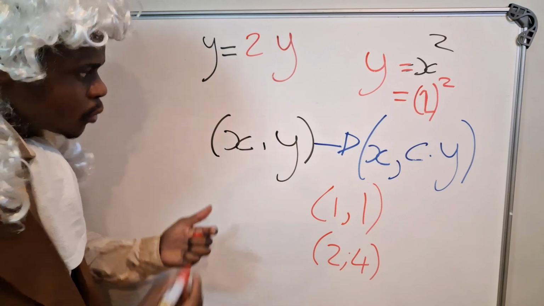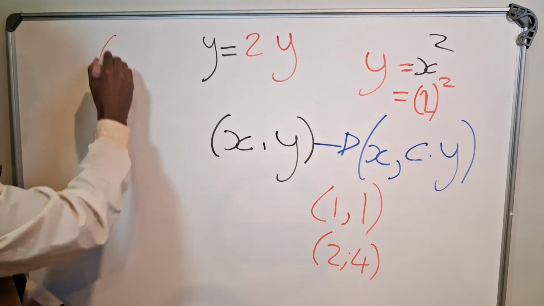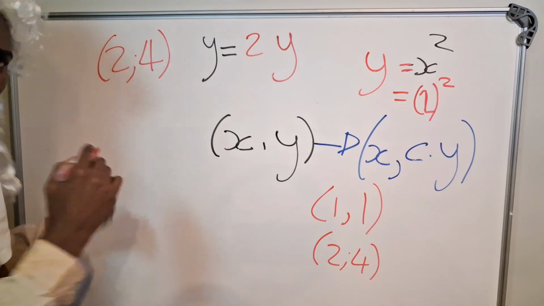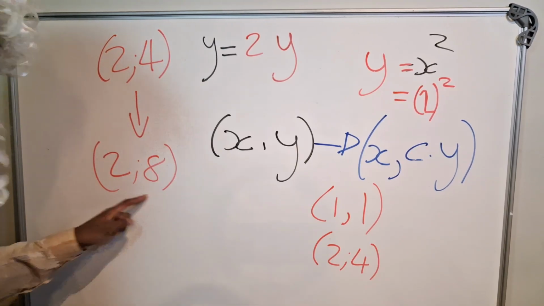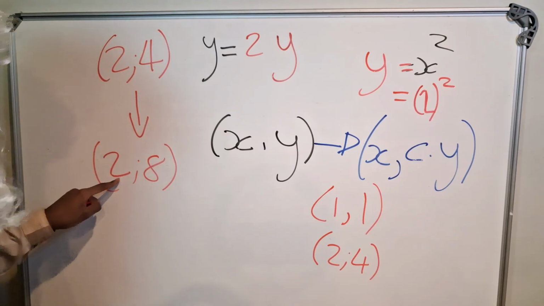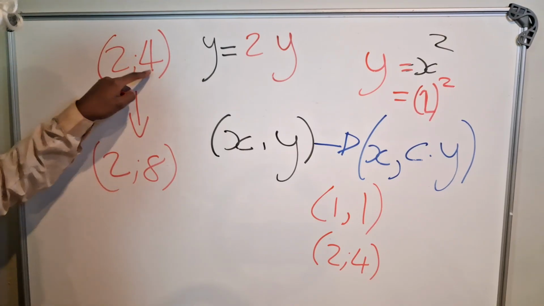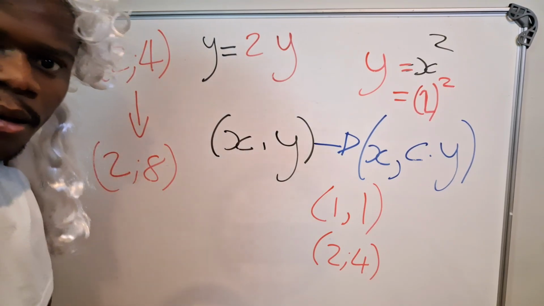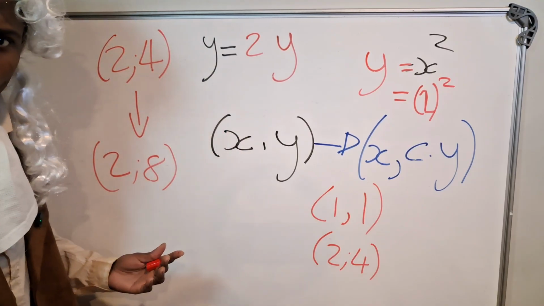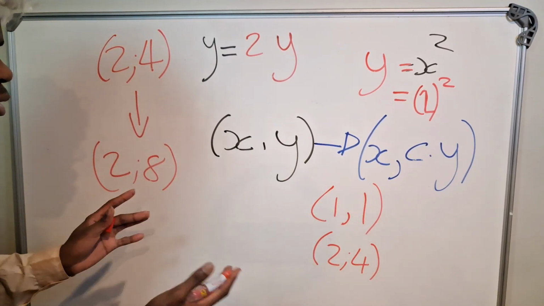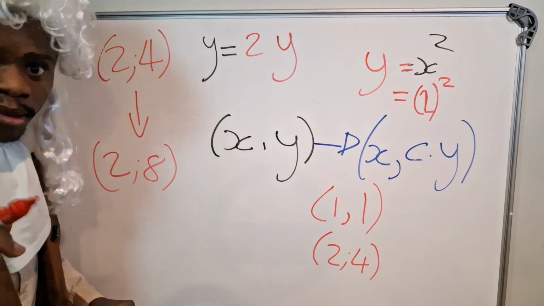That's 8. So we're going to go from 2, and we're going to go to 8. Now what happened here? The x stayed the same, but the y moved from 4 to 8. That didn't move right or left. That moved up and down. Now, I know this may be confusing to you, but I'll make it clear with this.